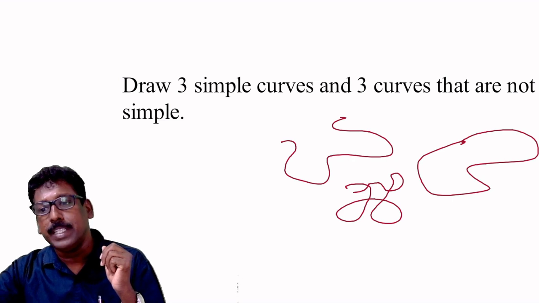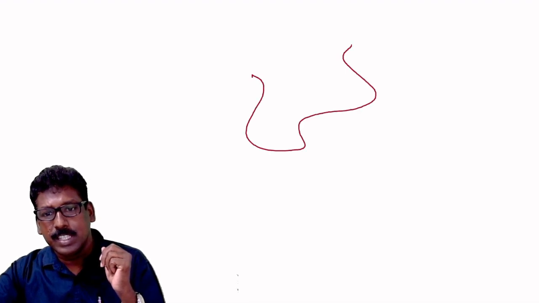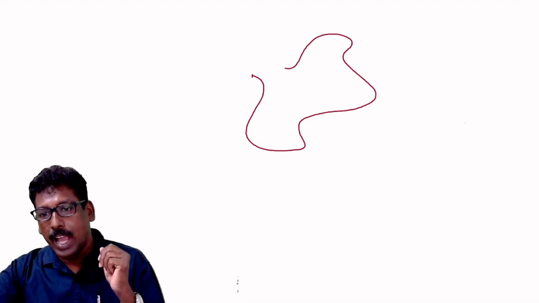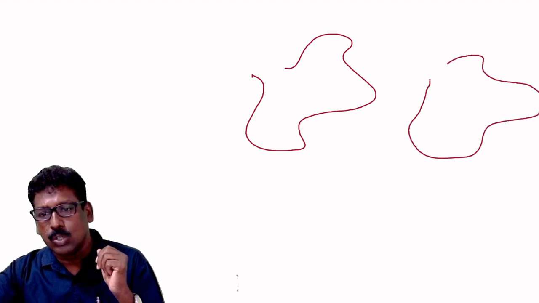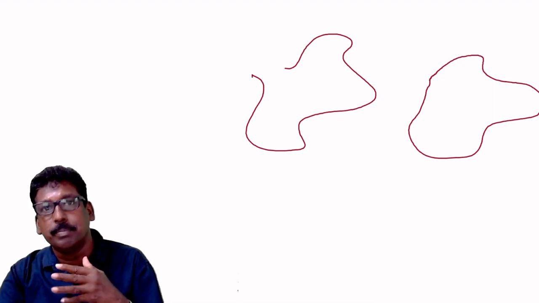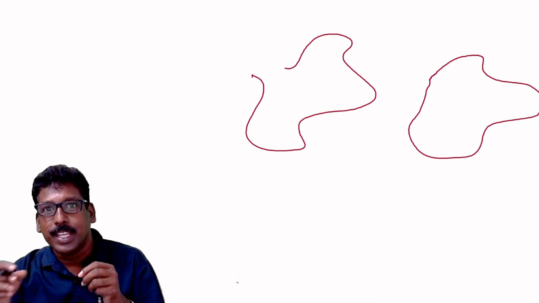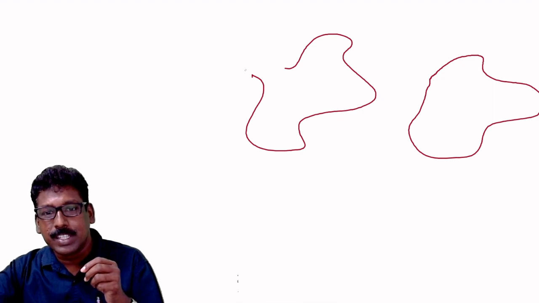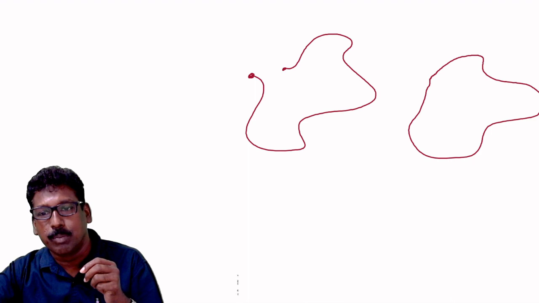Now let me take two more curves. Here, this is a curve, and let me take one more. This is also a curve. What is the difference between these two? Here it starts at one point and ends at a different point.